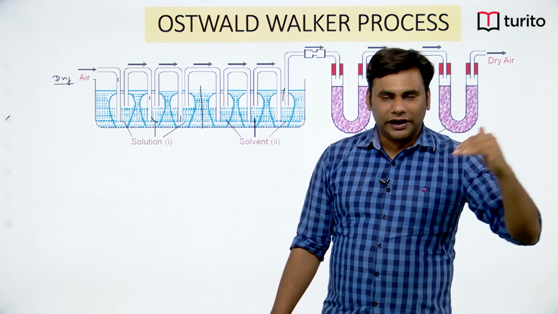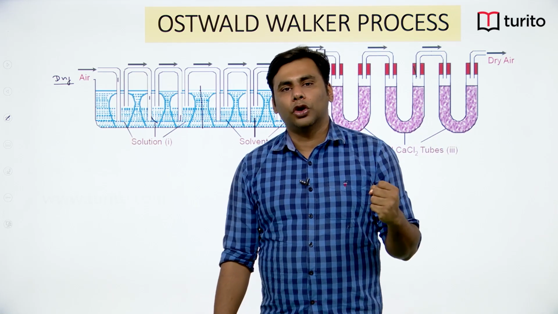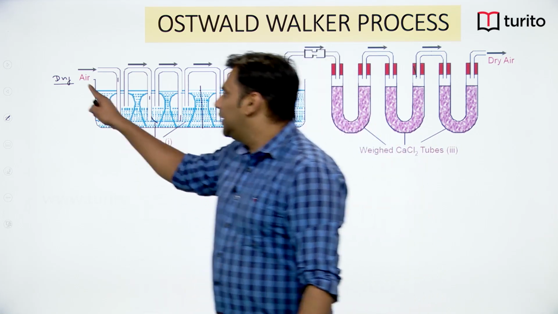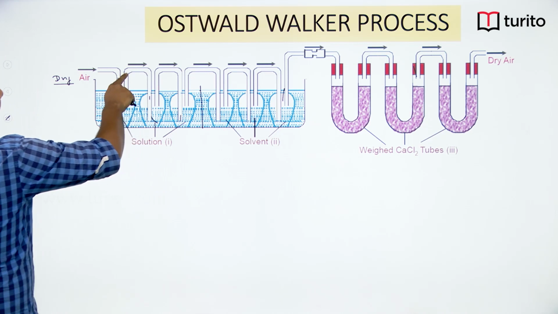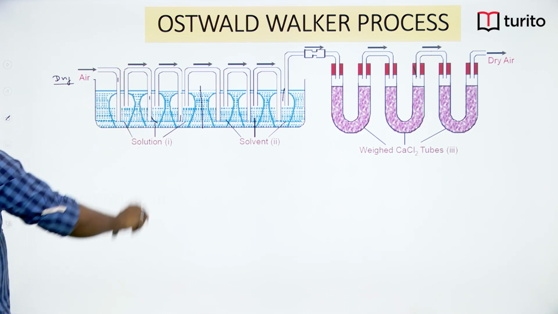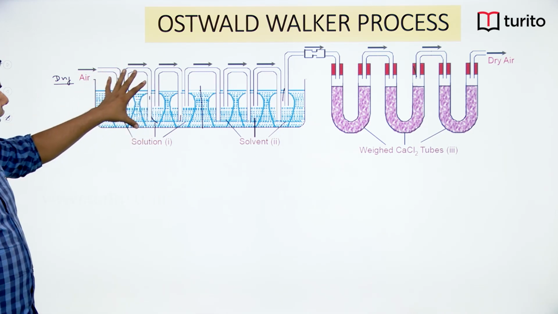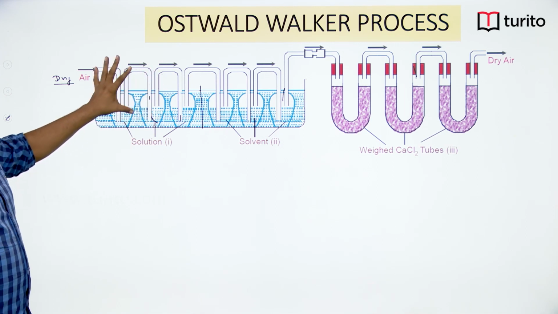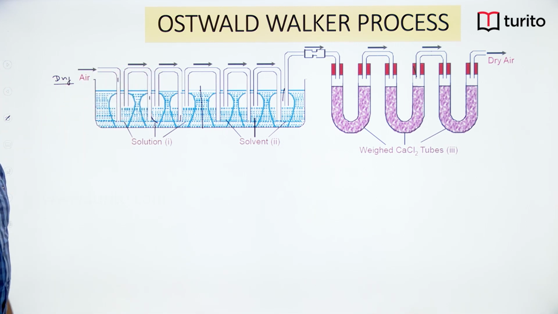So dry air will pass through it and pick up the moisture. Basically, dry air goes inside, and when it comes out it will have picked up the vapor from the solution.